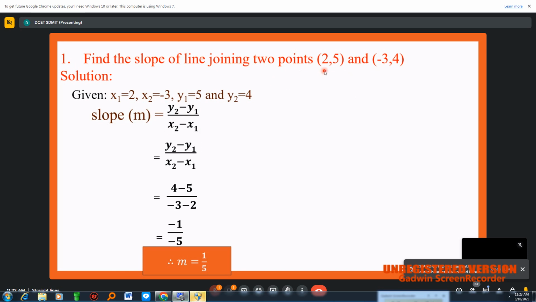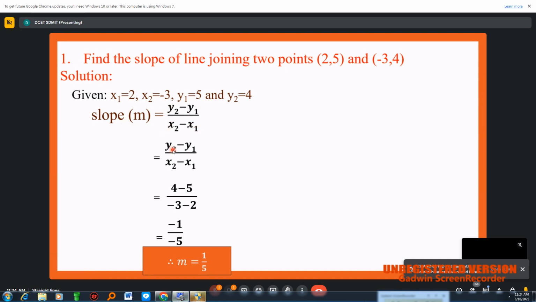The given points you have to take as x1 y1 and x2 y2. This is x1 y1, this is x2 y2. So the value of x1 is 2, x2 is minus 3, y1 is 5, y2 is 4. So slope is nothing but y2 minus y1 divided by x2 minus x1.